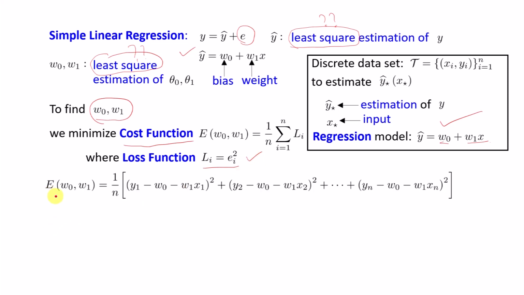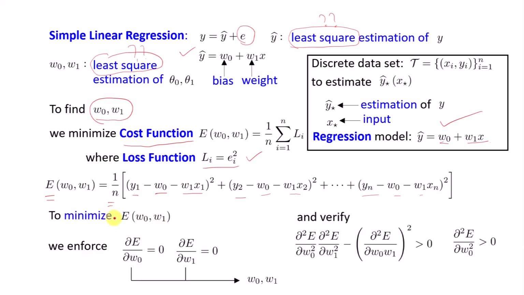So this cost function e can be written as 1 by n times y minus y hat. So for data point 1, y1 minus y hat is y1 minus w naught minus w1 x1 whole square. Then the second term y2 minus w naught minus w1 x2 whole square, etc., all the way up to n.